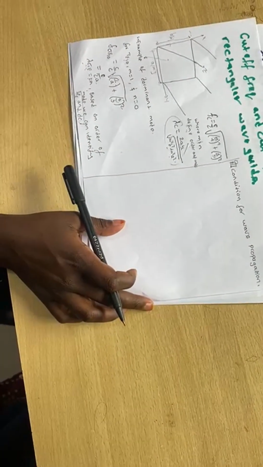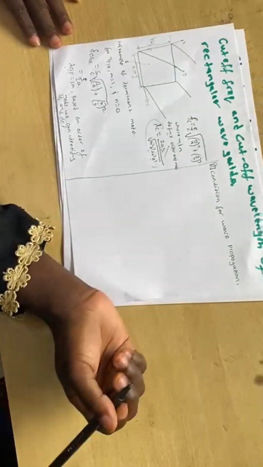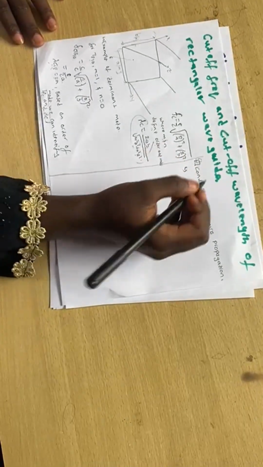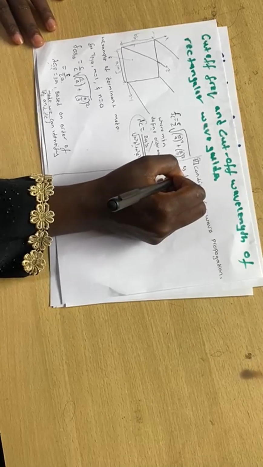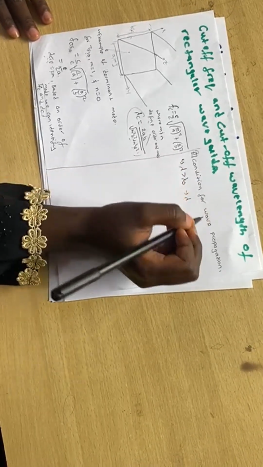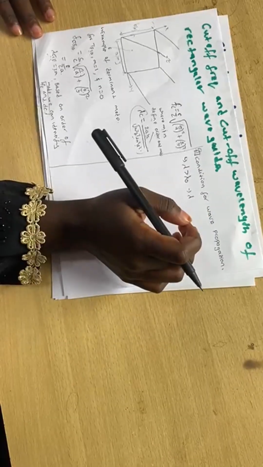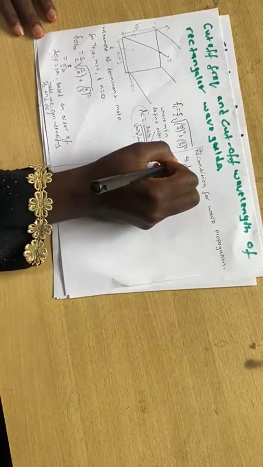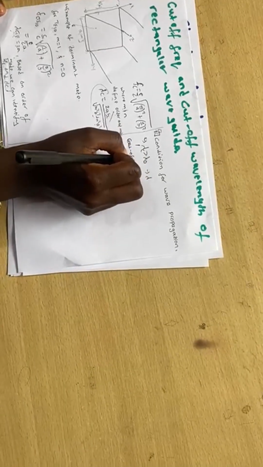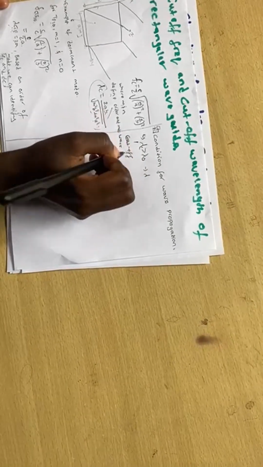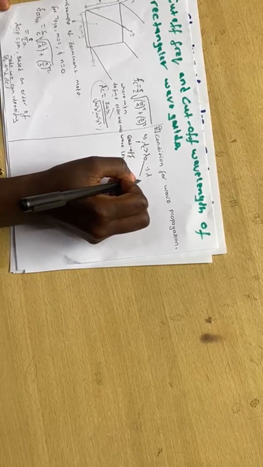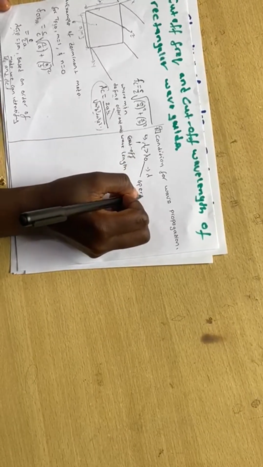Now we are going to talk about the conditions for wave propagation. We have two conditions. First one is lambda naught must be less than lambda c, where lambda c is the cutoff wavelength and lambda naught is the operating wavelength.